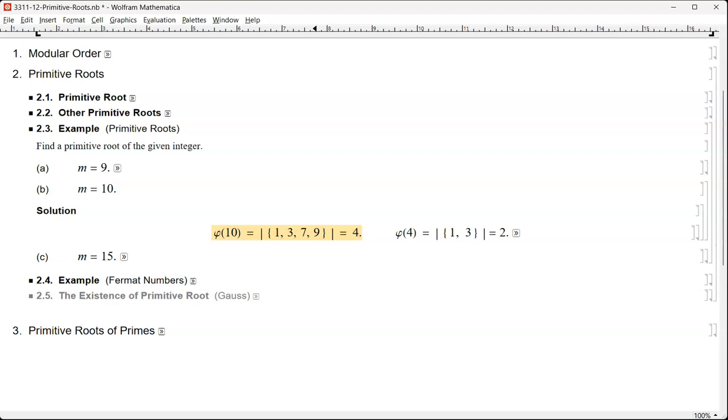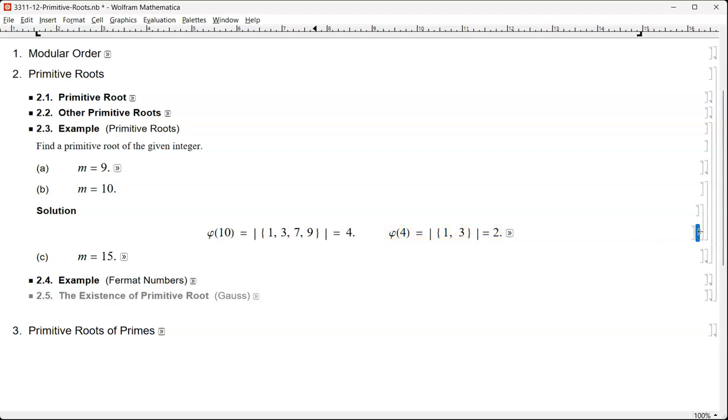So we have 4, and phi of 4 is 2. Among all positive integers, 1 through 4, only 1 and 3 are relatively prime to 4. So we expect 2 primitive roots modulo 10 if there's one to begin with. And then let's try.